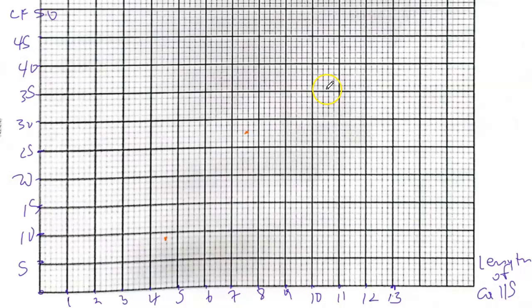So 10.5, 43. And next, the final one, 13.5 to 50. So 14 will be about here, and 13.5 is midway between 13 and 14. Alright, so the graph should look like that.